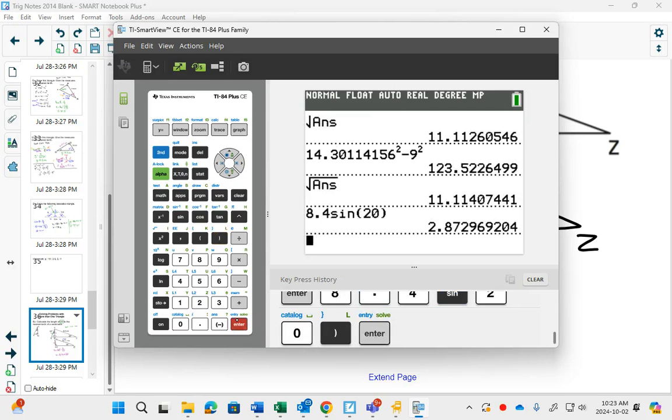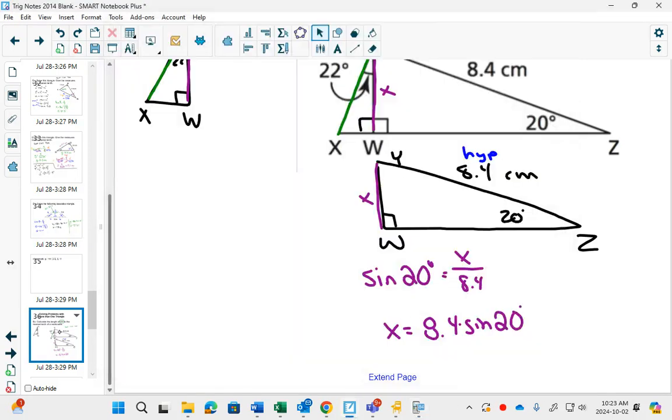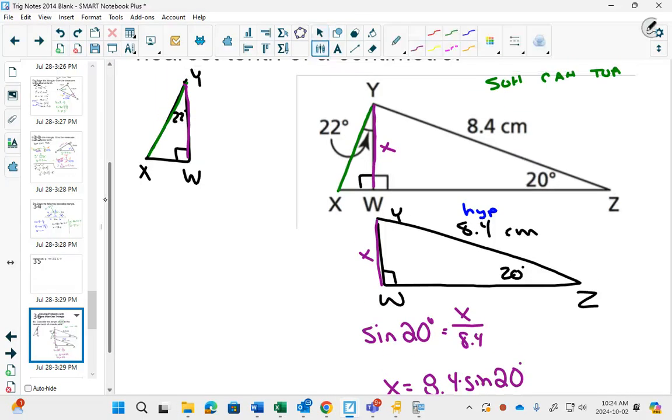And I get 2.873. Again, I'm going to put dot, dot, dot because I don't want to round through. But I do know now that this side on this triangle is 2.873.